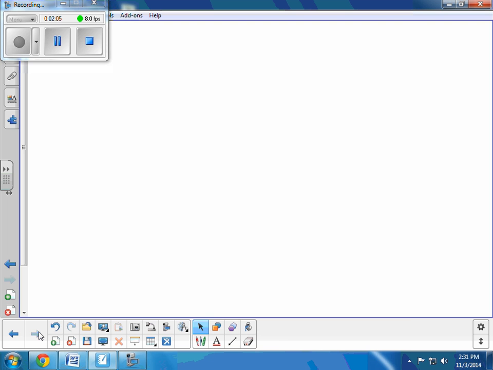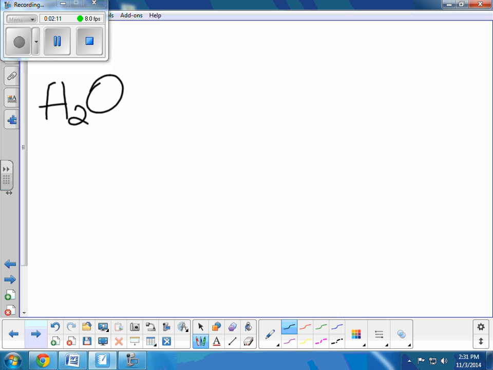All right, our next example, let's just do water. If we look on the periodic table, hydrogen has 1 valence electron, but we have 2 hydrogens. And oxygen has 6 valence electrons, so we need a total of 8 electrons in our structure. We have to draw it out. We have to figure out what atom is going to be in the middle.